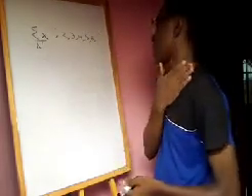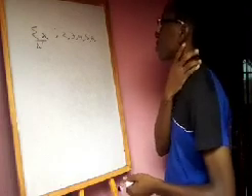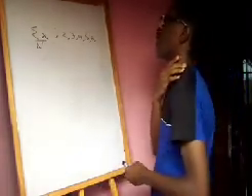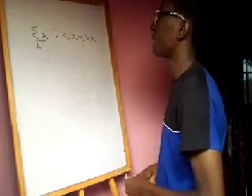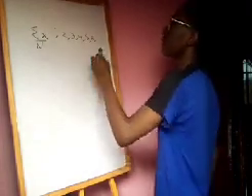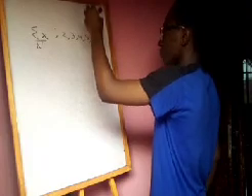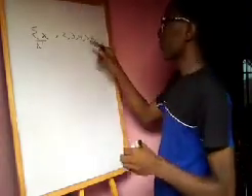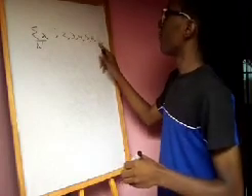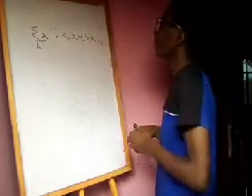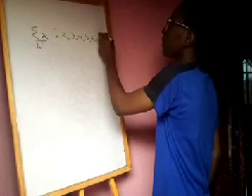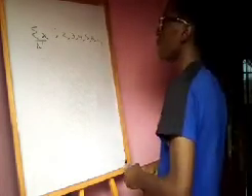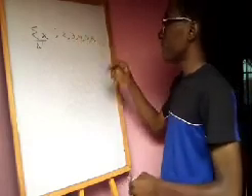What else? 11, 7, 8. And then let's say 2 knocked on Friday, and then finally 6 knocked on Saturday. So in a week that would be 1, 2, 3, 4, 5, 6, 7 days.